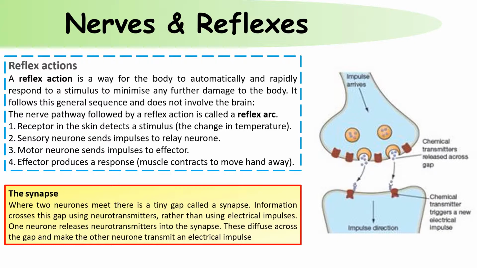As the nerve impulse arrives at the end of one nerve cell, vesicles containing neurotransmitter move to the surface and release the neurotransmitter into the synapse. This neurotransmitter then diffuses across the synapse and hits receptors on the opposite nerve cell. This triggers a nerve impulse to be generated in it.